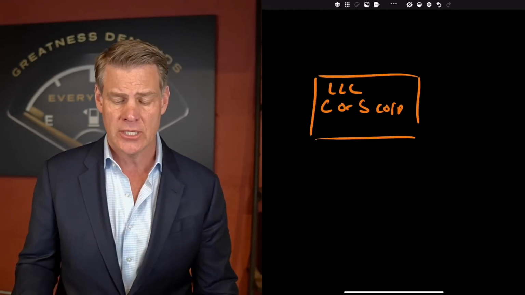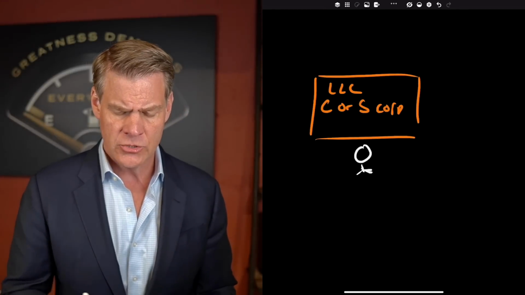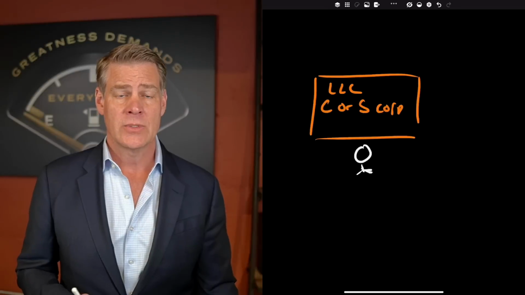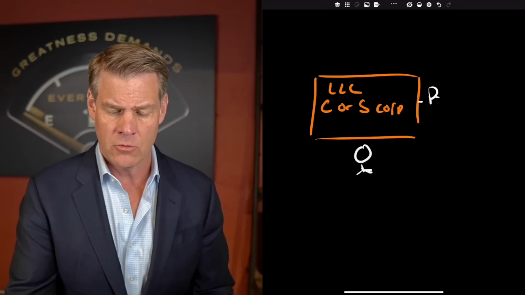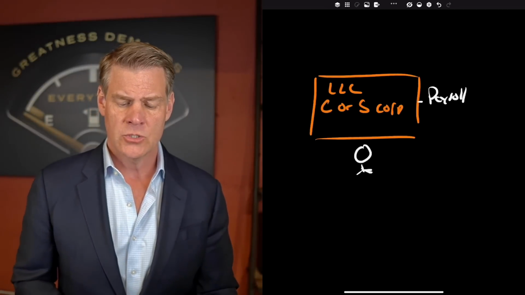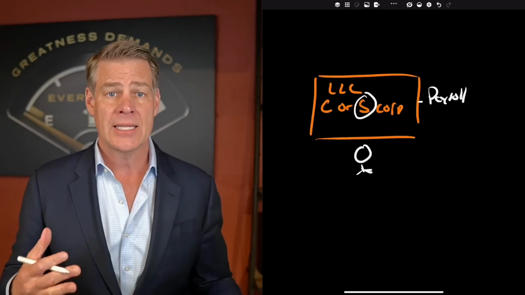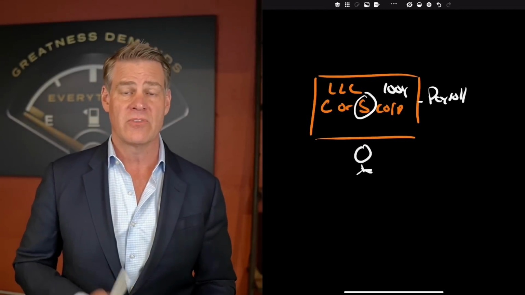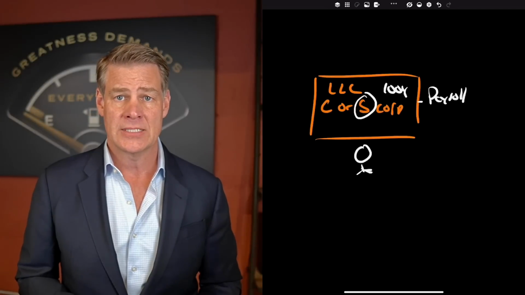So in this scenario, let's assume that my company is set up as an S corporation. So with the S corporation, what I'm going to be doing is I will put myself on payroll. Okay, so if I'm dealing with the S corp here, I'm going to put myself on payroll, and let's assume that I've generated $100,000 in earnings from flipping and wholesaling. So what am I going to do with that money to take it out to myself?